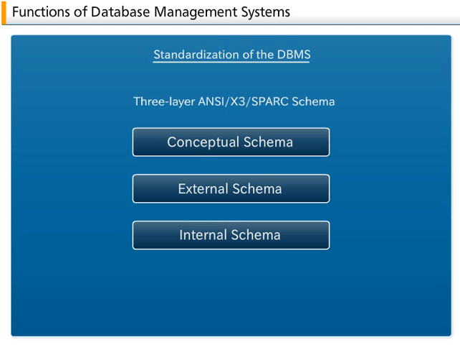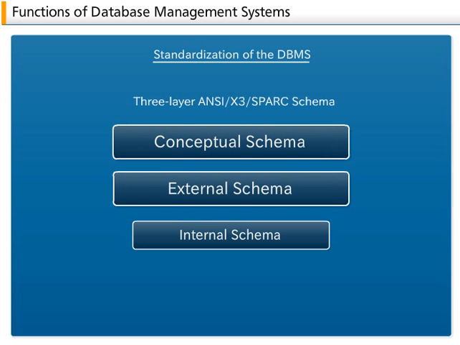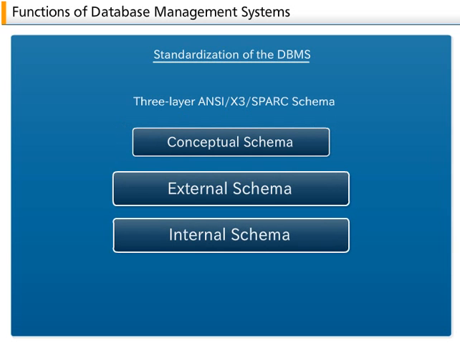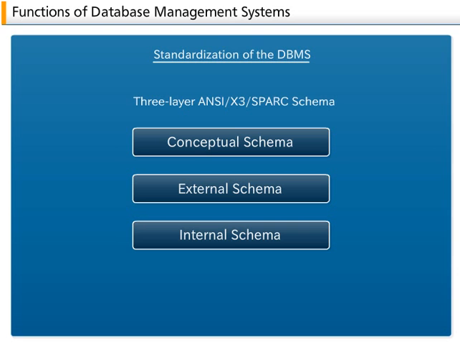The three-layer ANSI X3 SPARC schema was standardized by the ANSI, American National Standards Institute. This three-layer schema is made up of the conceptual schema, external schema and internal schema. Each of these corresponds to the schema, subschema and stored schemas respectively.